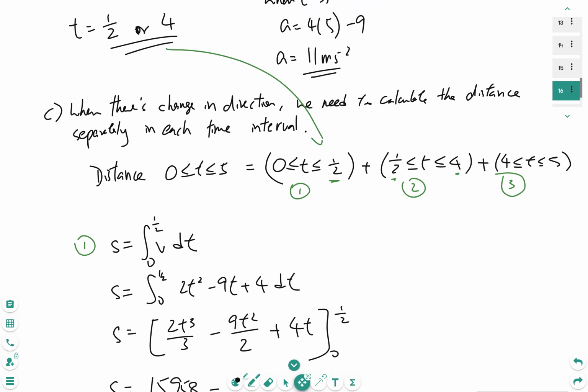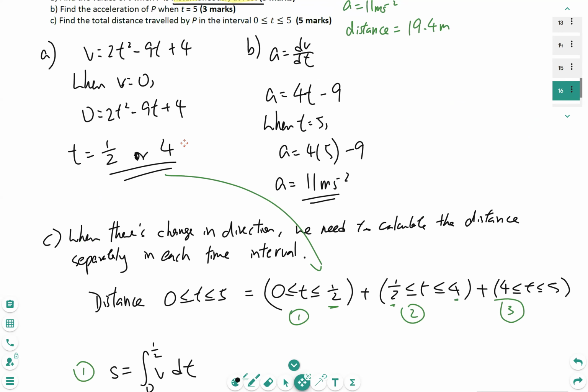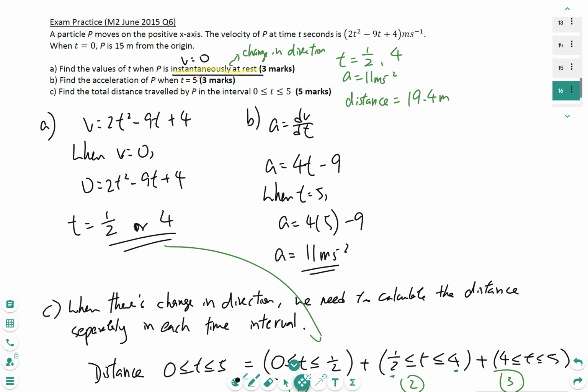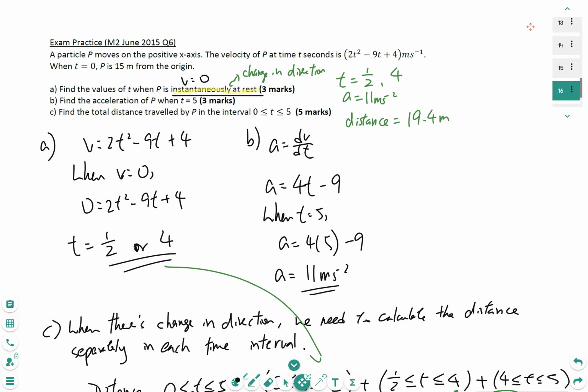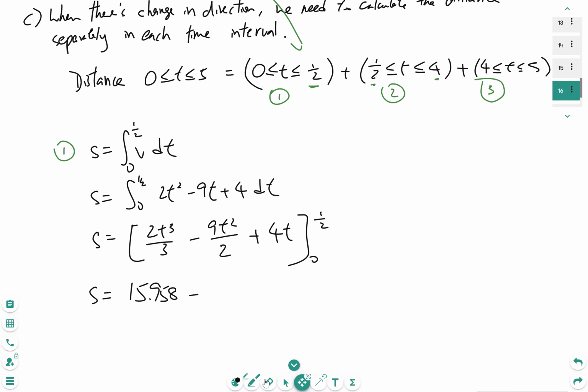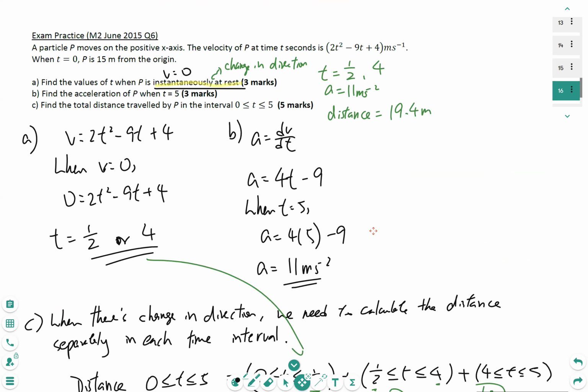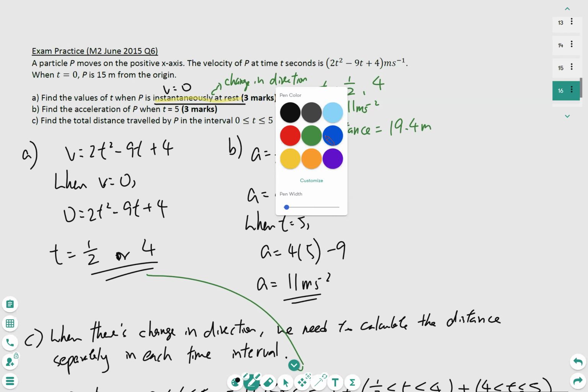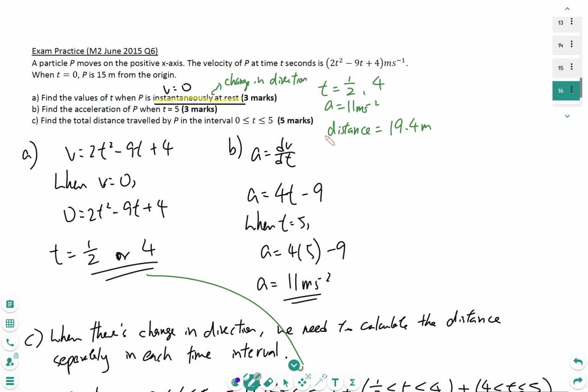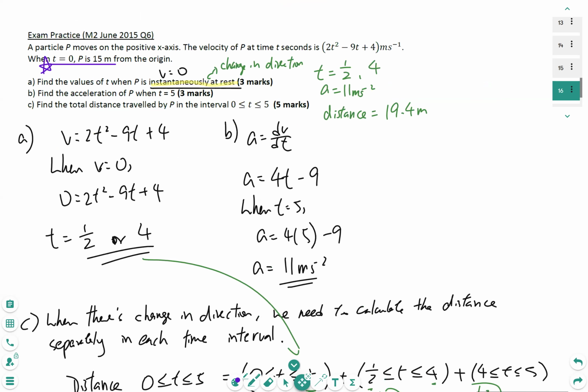When t equals 0, p is 15 meters from the origin. Now, when you sub in 0, you might think S is 0. However, pay attention to the question. It says when t equals 0, p equals 15 meters. So we're going to use this information here. Therefore, minus 15.